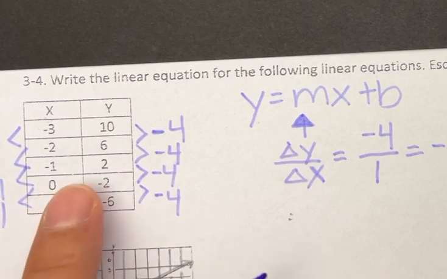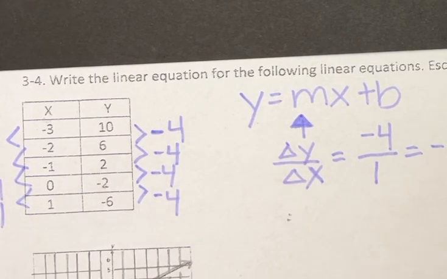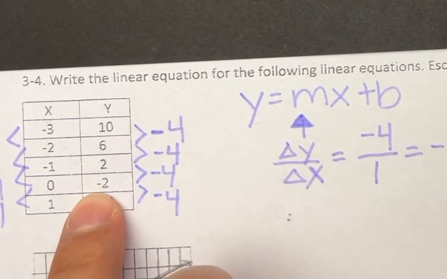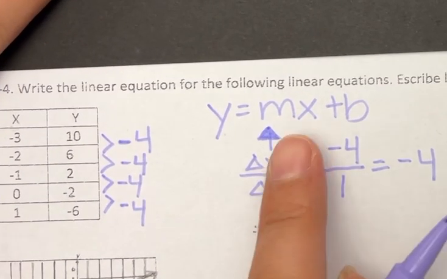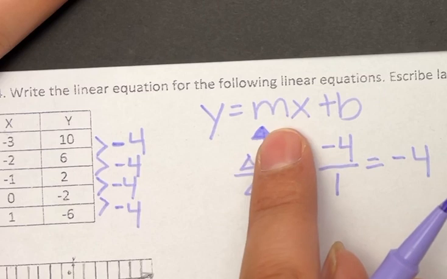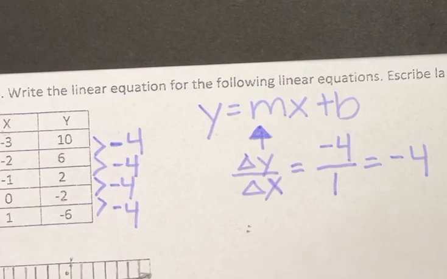So if 0 is here, what is my Y intercept? My B equals negative 2. So if I plug into my equation, Y equals mx plus b, I have my -4x, and now I just need my b value, which is negative 2. And that would be my answer.